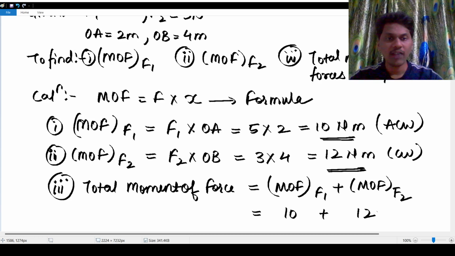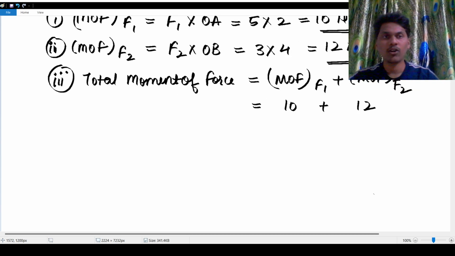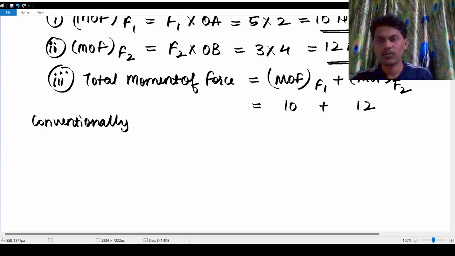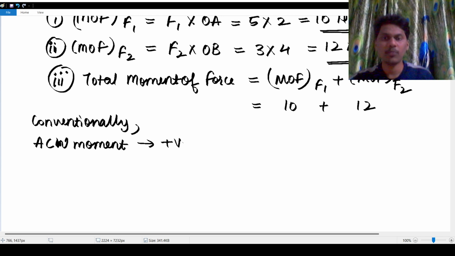But we have a sign convention for clockwise moment and anti-clockwise moment. Conventionally, anti-clockwise moment is taken as positive, whereas clockwise moment is taken as negative.